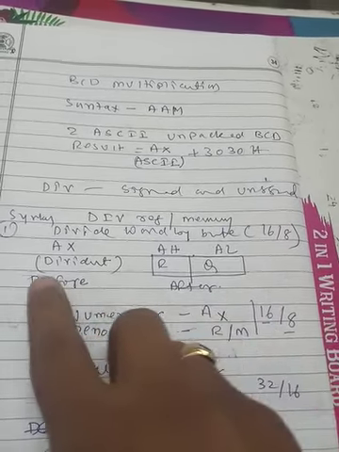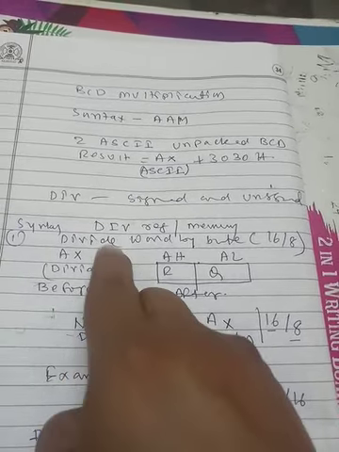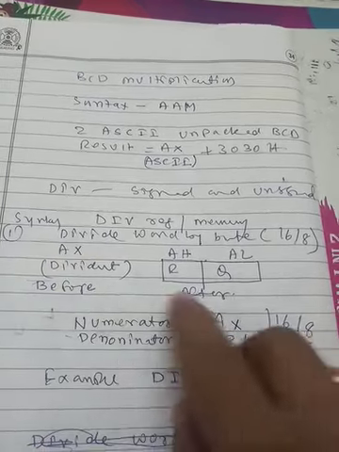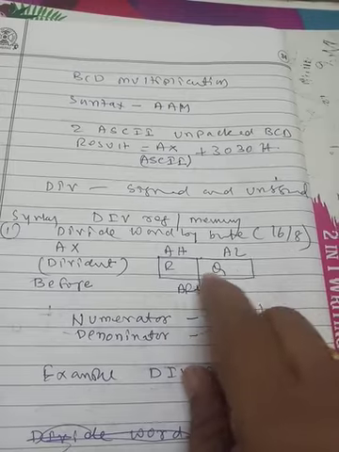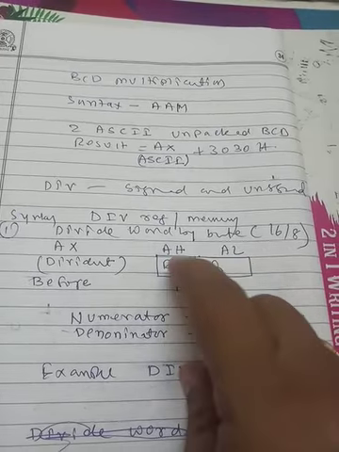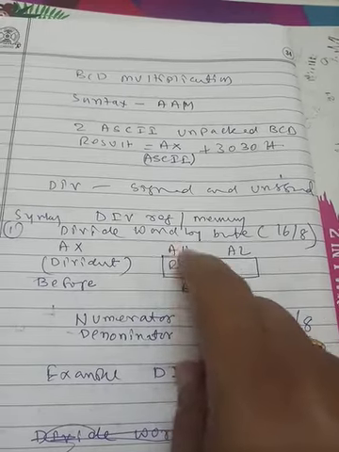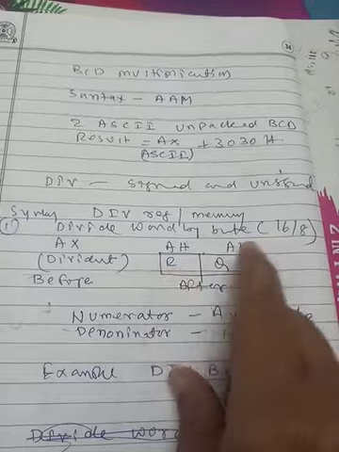Here you can see this is the dividend. Before the operation of the DIV we have the AX. After the DIV operation the result will be generated like this: AL, AH. In AL we have the quotient, in AH we have the remainder.